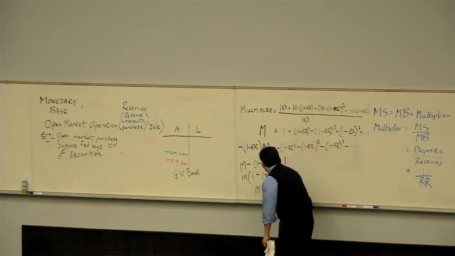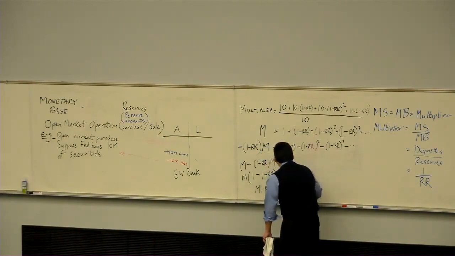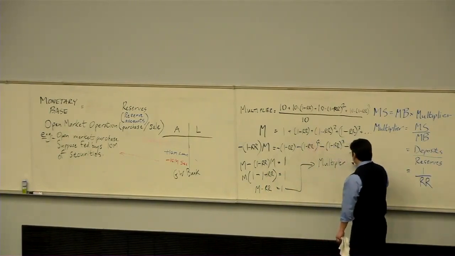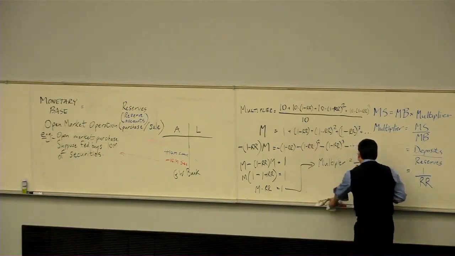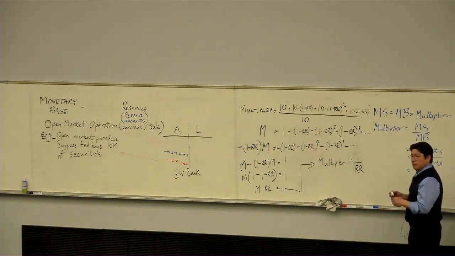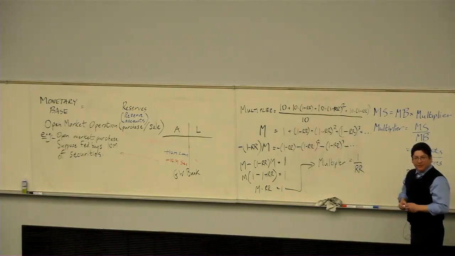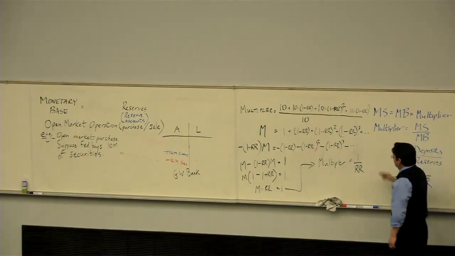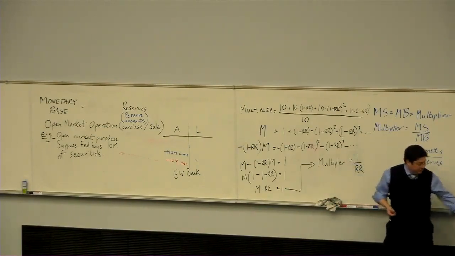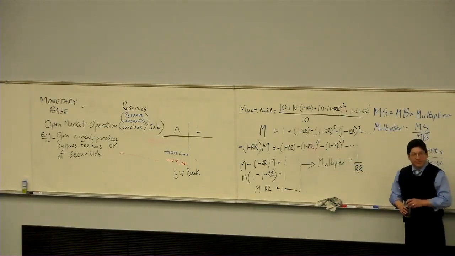M times RR equals 1. So, conclusion, divide both sides by the reserve ratio, you get the multiplier is 1 over RR. Just like here. We would hope so, right? If we did all this and we came up with a different formula, that would be unnerving or fishy. But we don't.